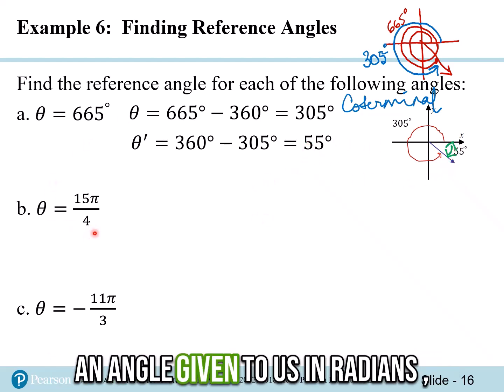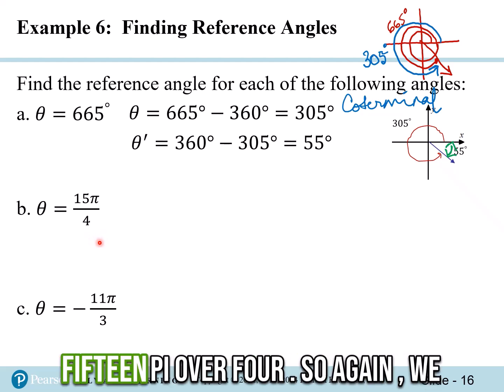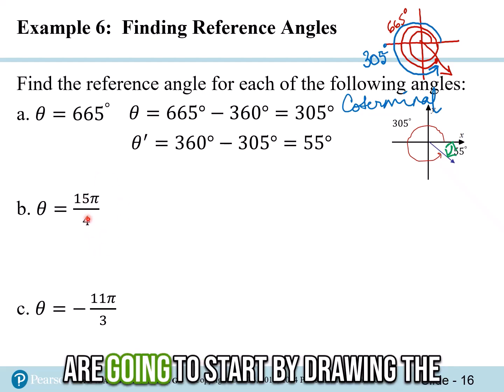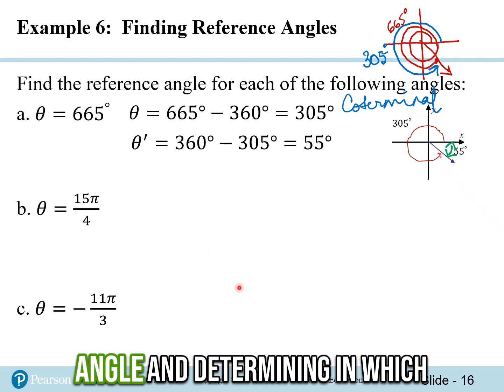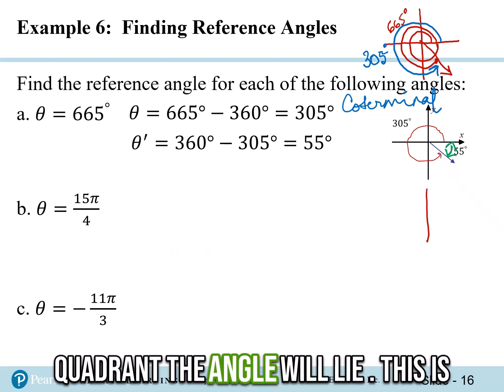It's an angle given to us in radians, 15 pi over 4. So again, we are going to start by drawing the angle and determining in which quadrant the angle will lie.